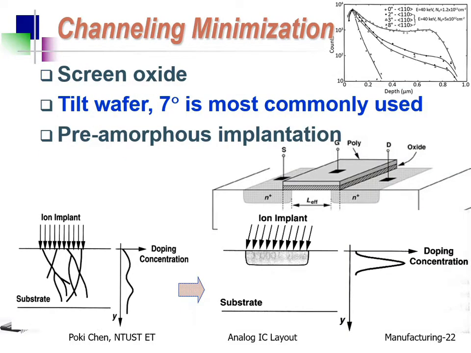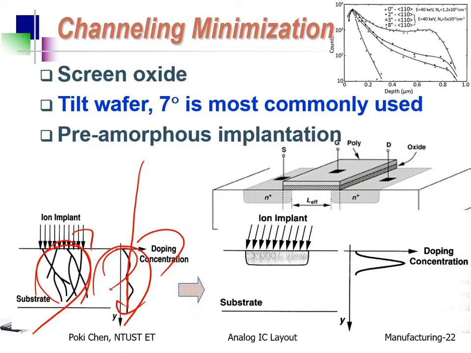So, this is what I would like to explain. Why? See? Perpendicular implantation. The doping concentration will become such bad. Okay? It will go deeper and the concentration is no good.